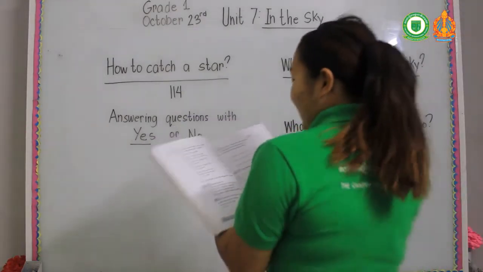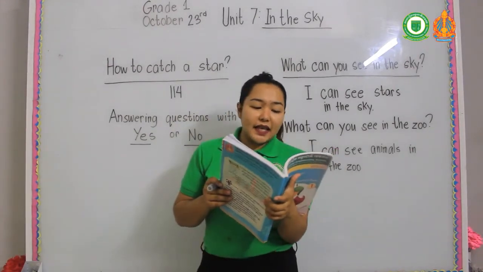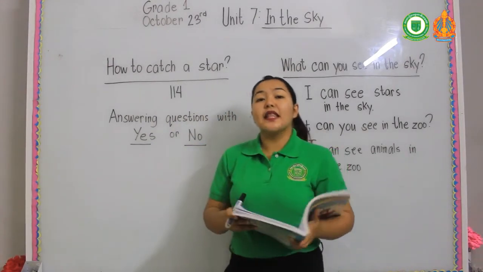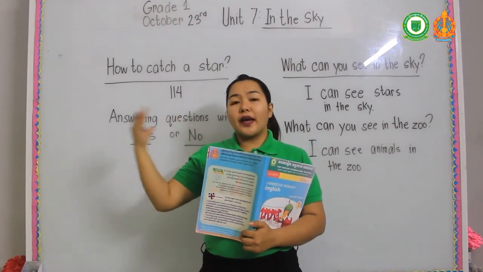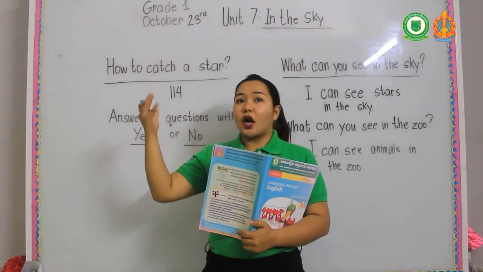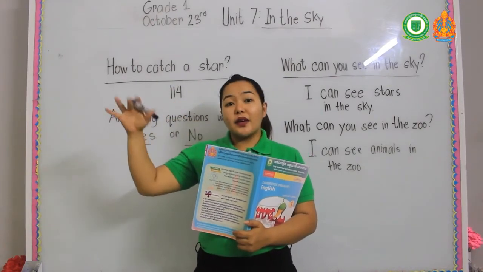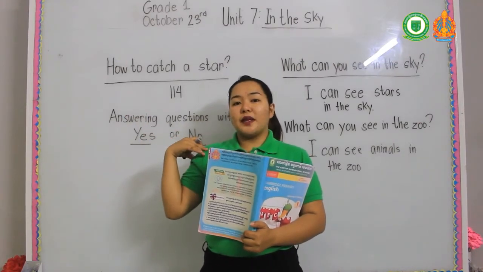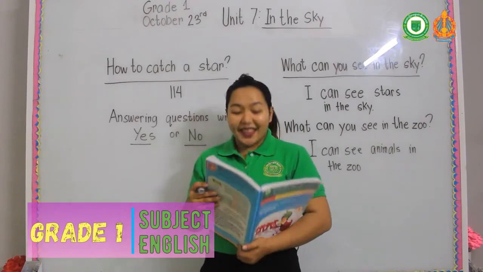Next: Why did he think it was easy to catch a star in the morning? So the boy thought, if I wake up in the morning, it would be easier for me to catch a star because they will be falling down, they're tired, they will not run away. So it would be easy for me to catch a star. That was what he's thinking.